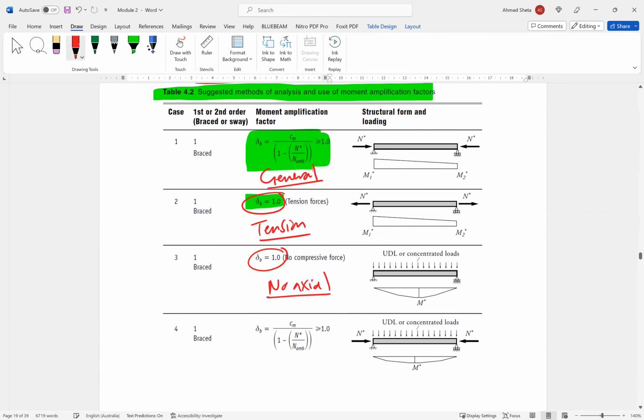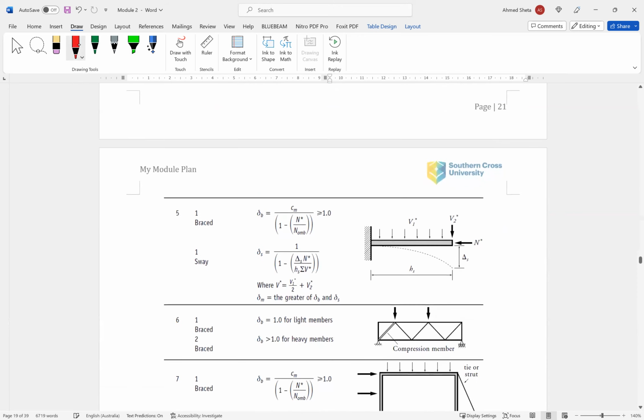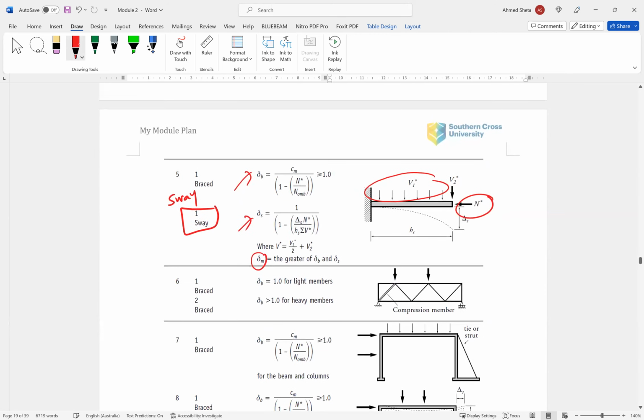This also UDL with N, so general case. This is also a general case because it has N and uniform load. But because it is sway, we need to calculate delta B, delta S, and calculate delta M. This is a truss. So delta B is equal to 1 if it is light.